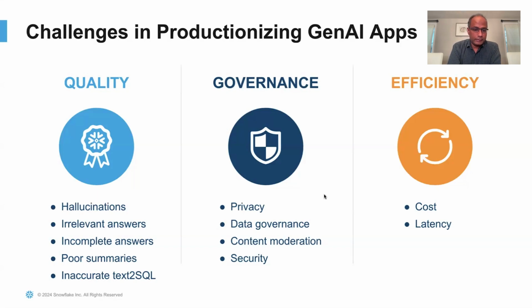Governance includes elements of data governance, ensuring that we have good guardrails for content moderation, as well as security and privacy. And finally, these apps also need to be mindful of cost and latency considerations.